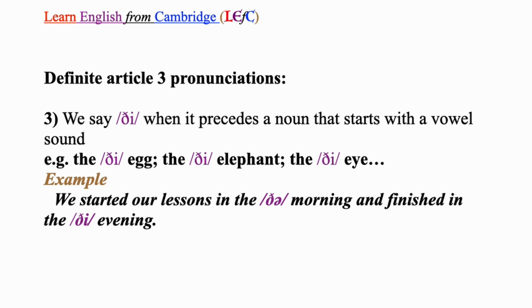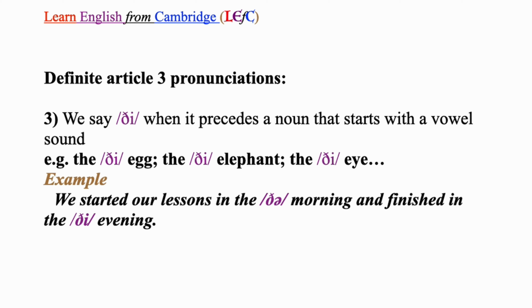We say thee when it precedes a noun that starts with a vowel sound. Look at these nouns: egg, elephant, eye. These nouns start with a vowel sound. When we pronounce the definite article before them, we pronounce it as the egg, the elephant, the eye.